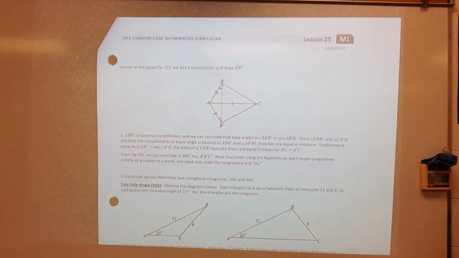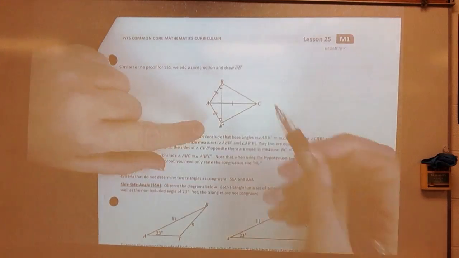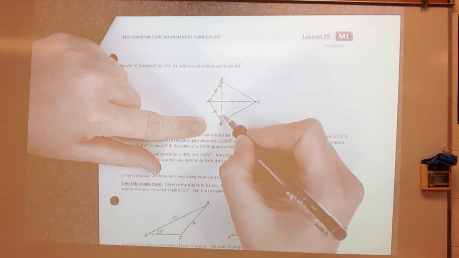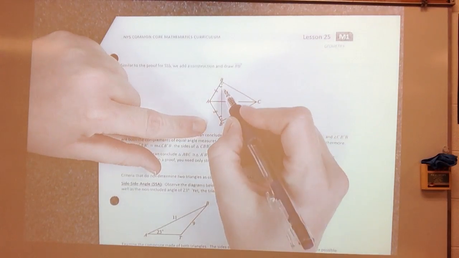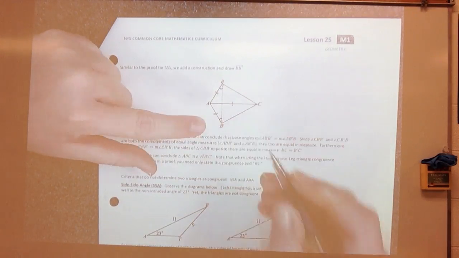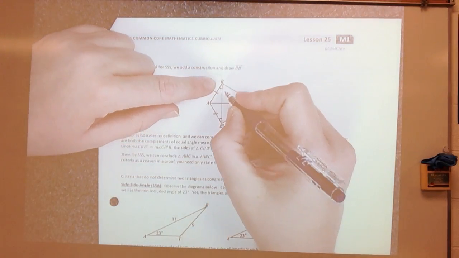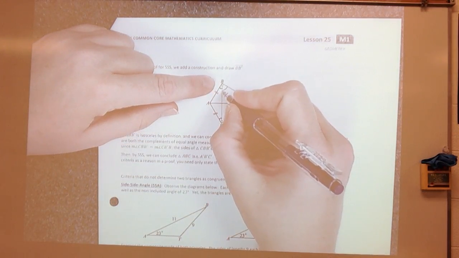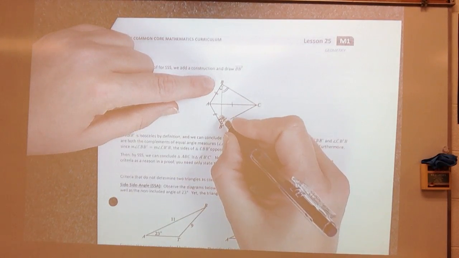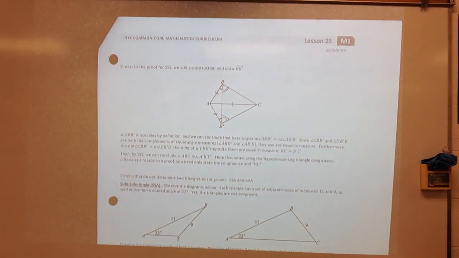So let's say that that angle is 30 degrees. Since this whole entire angle is a right angle, then the other part of it must be 60 degrees. Same here. So now we know that these two angles are equal. Okay, and that's all that sentence is telling us.